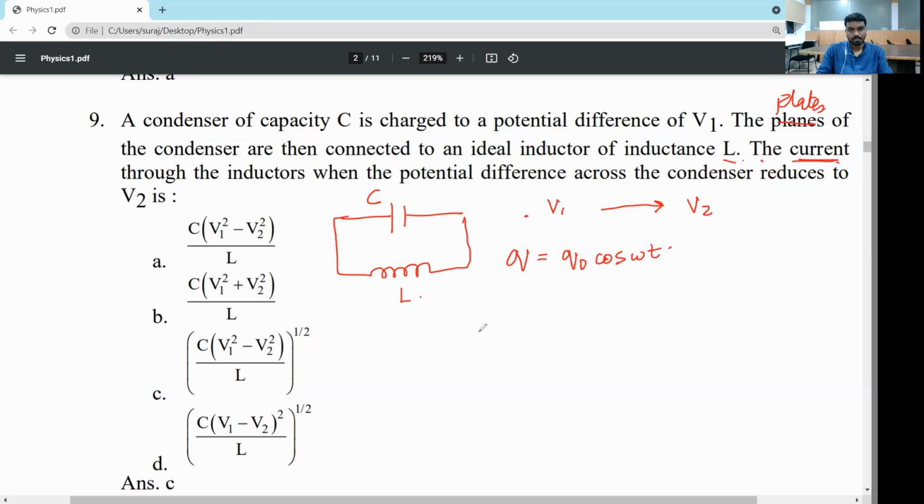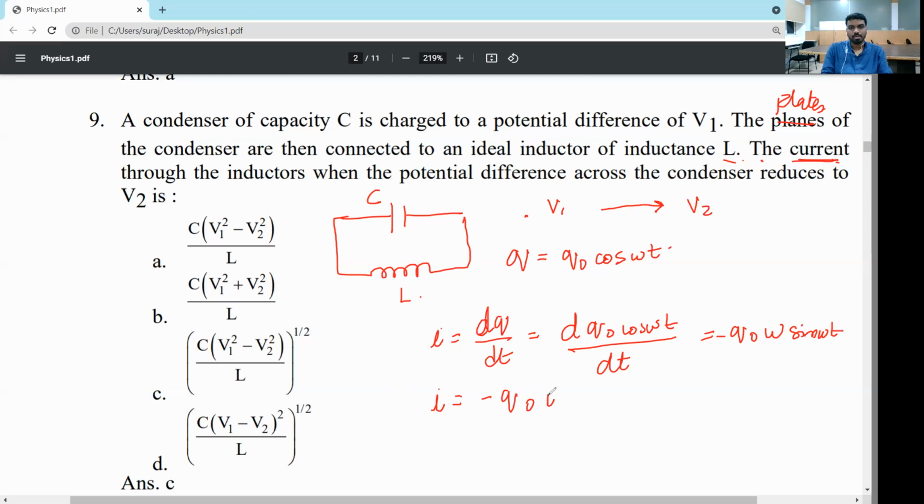Current will be dq by dt, which is nothing but I. If I differentiate Q naught cos omega t by dt, Q naught will be out, and cos is minus sin, so omega comes out, minus sin omega t. So I is equal to minus Q naught omega sin omega t.